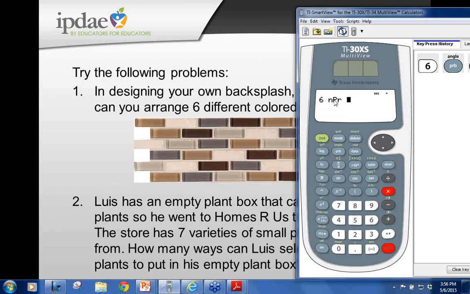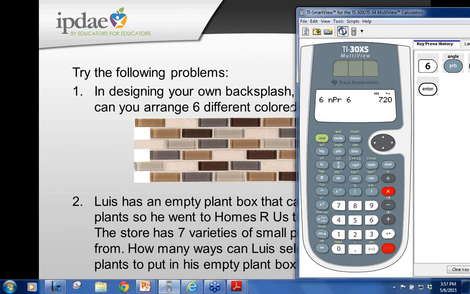Then it will give you the NPR permutation. Then you press 6, and if you press enter, you have 720 ways you can rearrange those 6 different colors on a strip of backsplash. Again, the key here is to know whether it's a permutation or a combination.